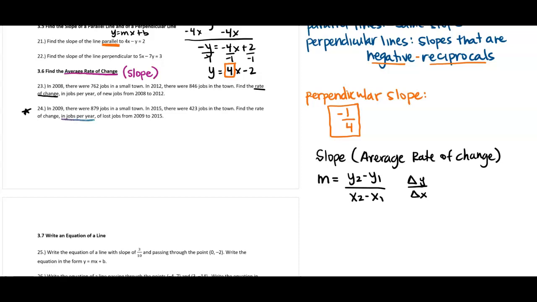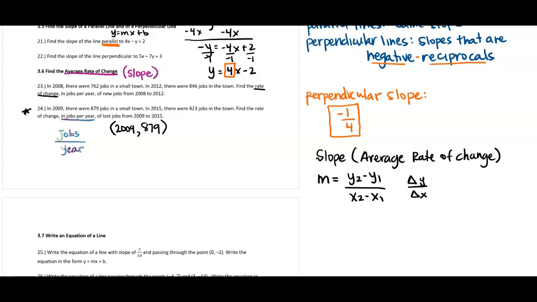But that jobs per year, if I was to write that as a fraction, that would say jobs over years, right? Jobs per year. And so that's important because remember we're going to be talking about our slope. So it means our jobs have to be our y's and our years are going to be our x's. So if I was to write these down as ordered pairs, because this is usually how we have these, we have the year, so 2009, comma, 879, right?